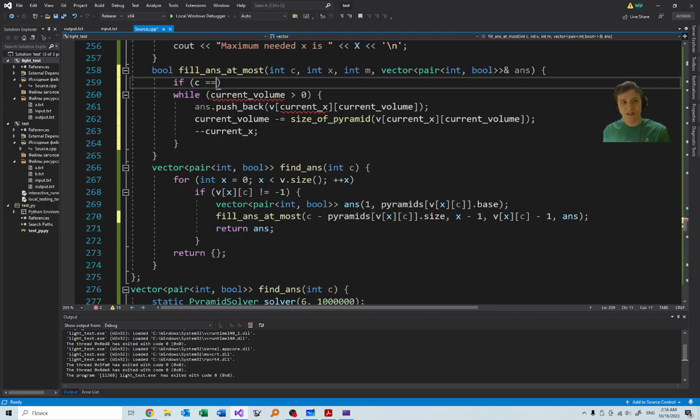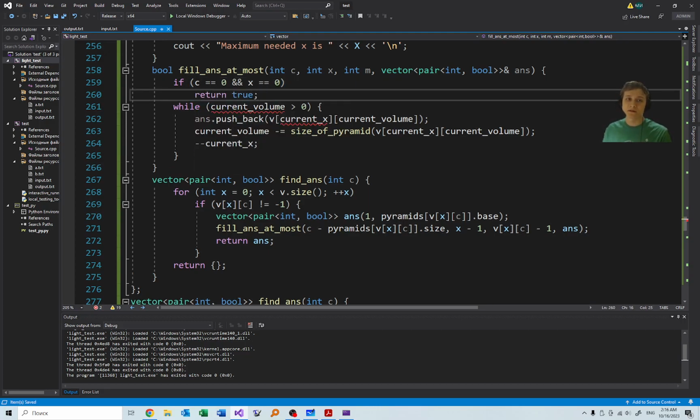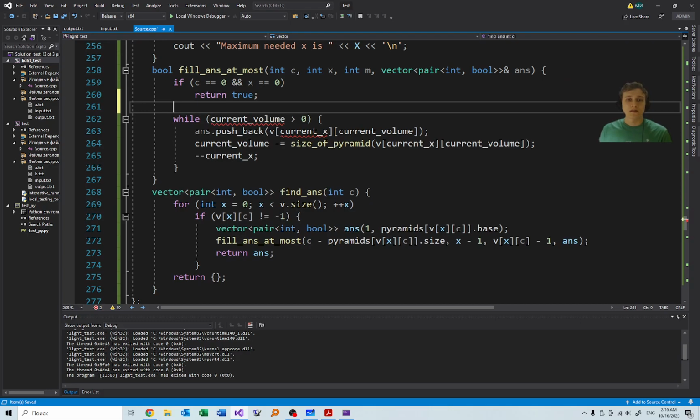So first of all, if C equals 0 and X equals 0, we return true, because we are happy, we have done it. So after that, let's look into the answer. We can just look into vxc, I guess.